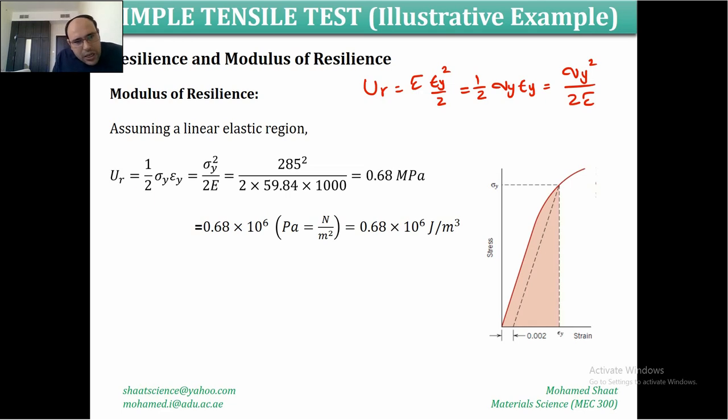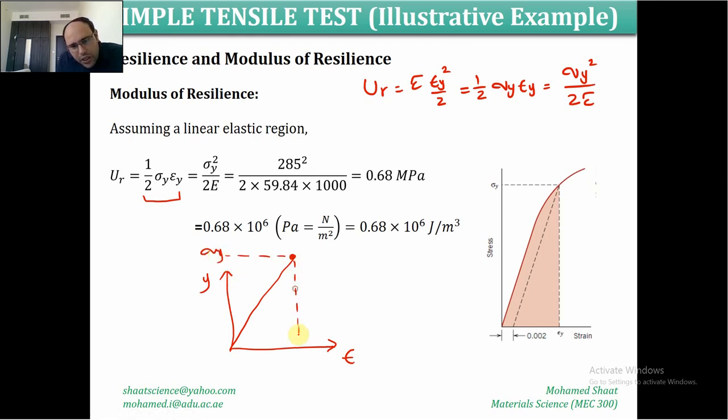So if we consider the definition of the modulus of resilience as half sigma times epsilon, this is going to form over the stress strain curve. If this is the stress strain curve, and this is the elastic region, which should be seen as a line, and at this point the amount of stress is sigma y, and the strain is epsilon y.